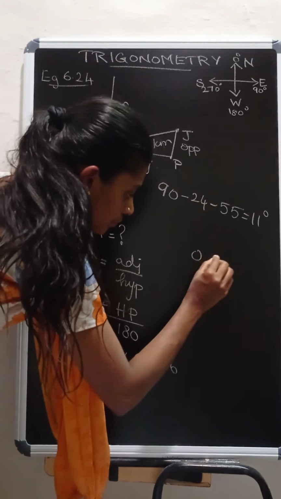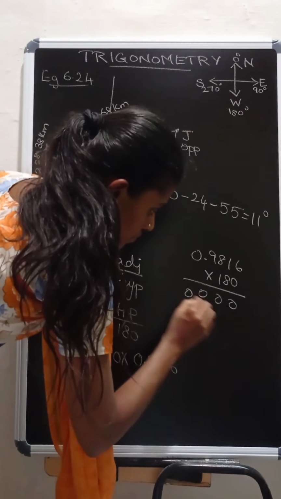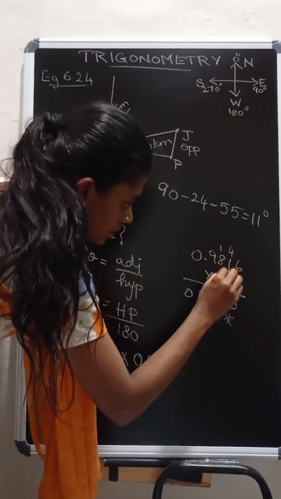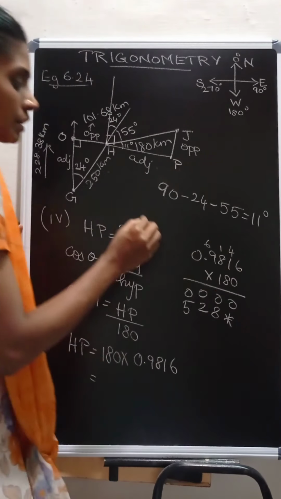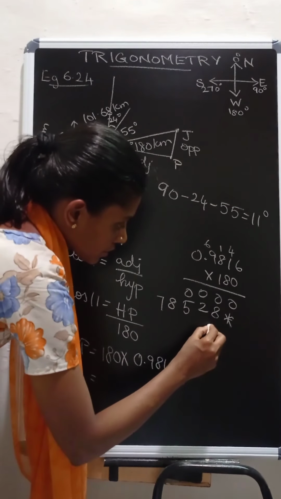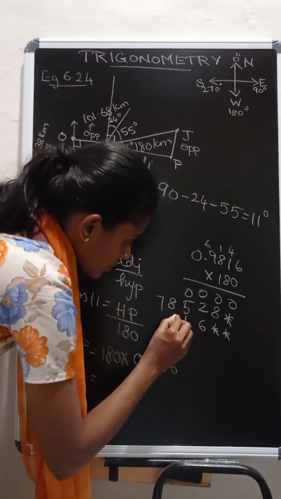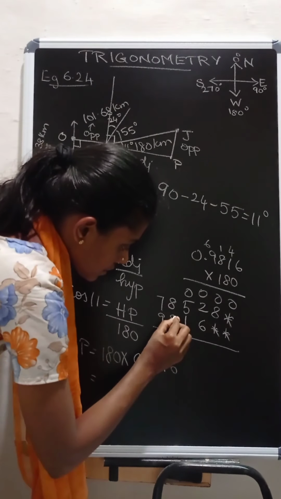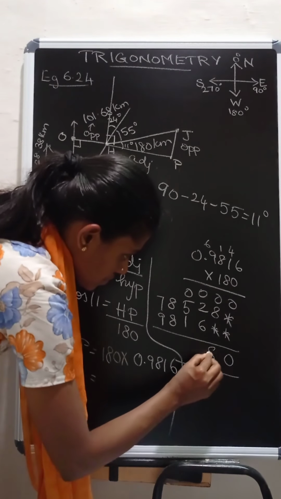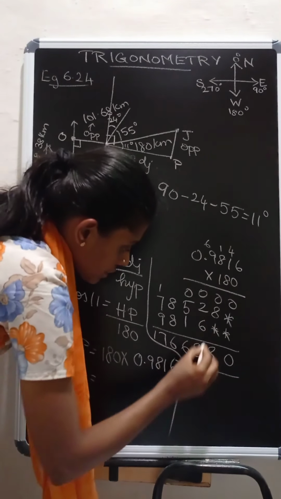Now multiply. After 4 digits, keep a point.